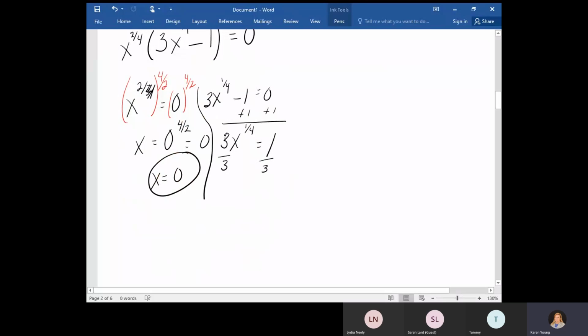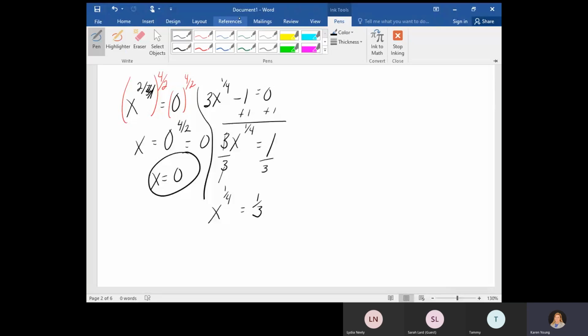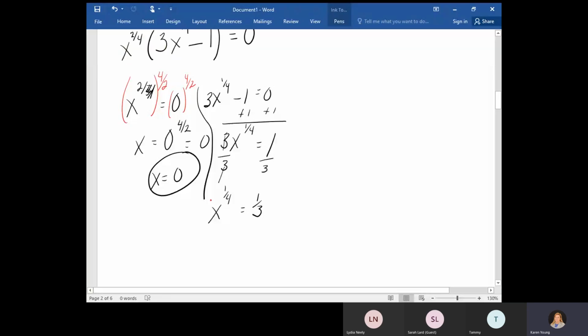All right, so 3 divided by 3 gives me just x to the 1/4 equals 1/3. Okay, so now I'm right back to kind of where we started with the first example. How'd you get 1/3? When you divide both sides here, I've got to get rid of this 3, so I've got to divide both sides by 3.